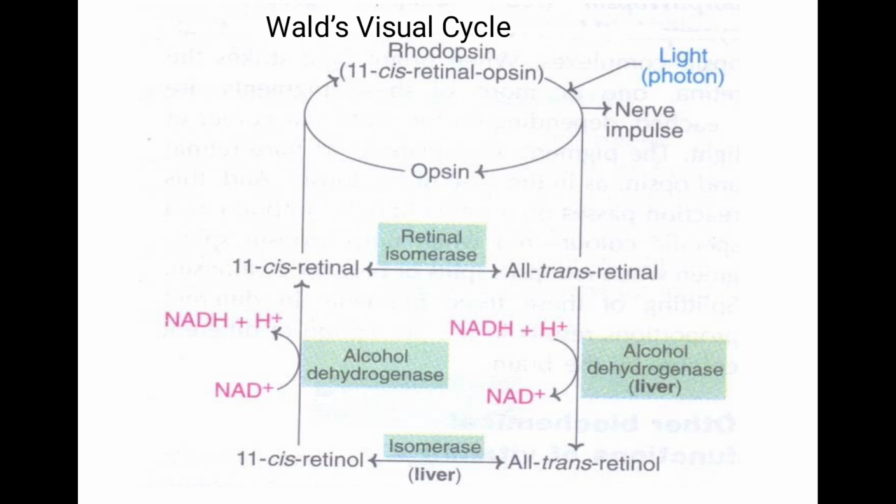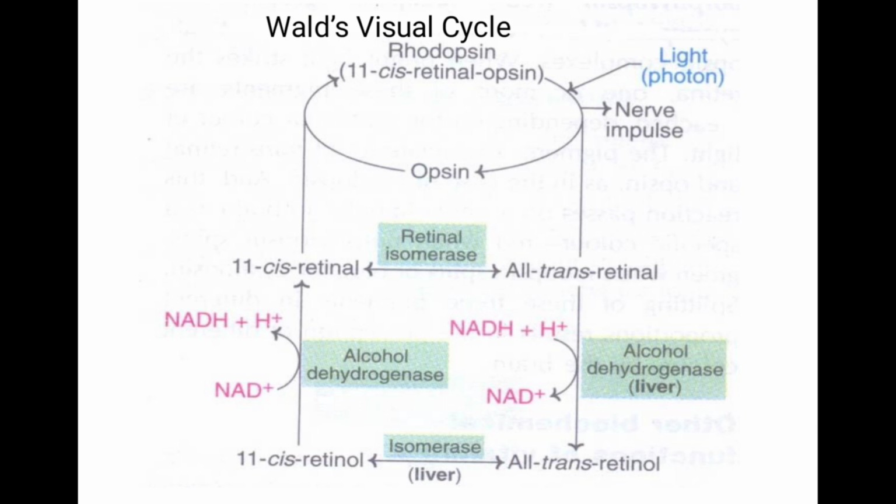So conversion of what? You can see, topmost, rhodopsin, that is 11-cis retinol plus opsin, in the presence of light, undergoes photochemical isomerization, and rhodopsin is changed to all-trans retinol and opsin.